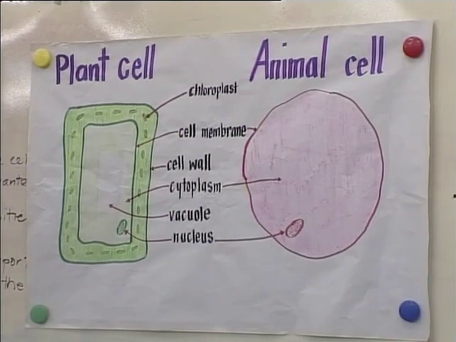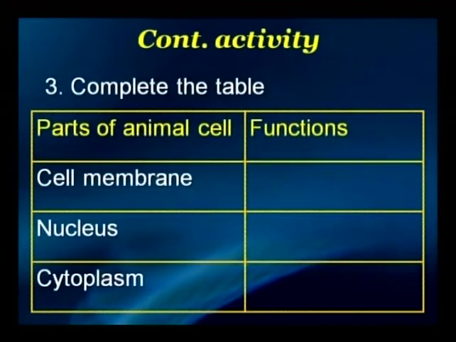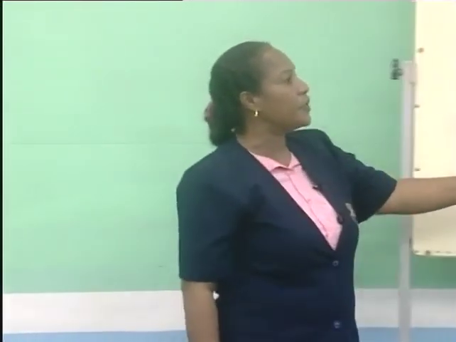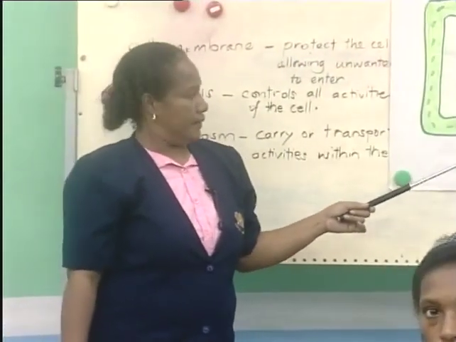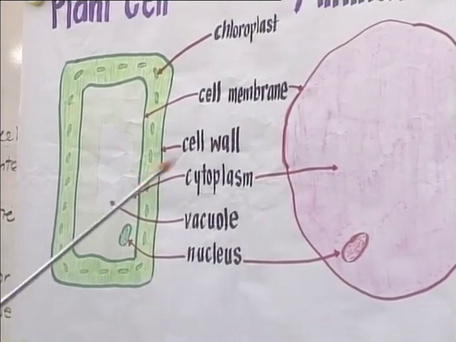The diagram is your summary for today's lesson, as is the table that you have filled, which shows the functions of the animal cells. Okay, that is your summary. And don't forget, you must know the difference between the plant cell and an animal cell, here in this chart.